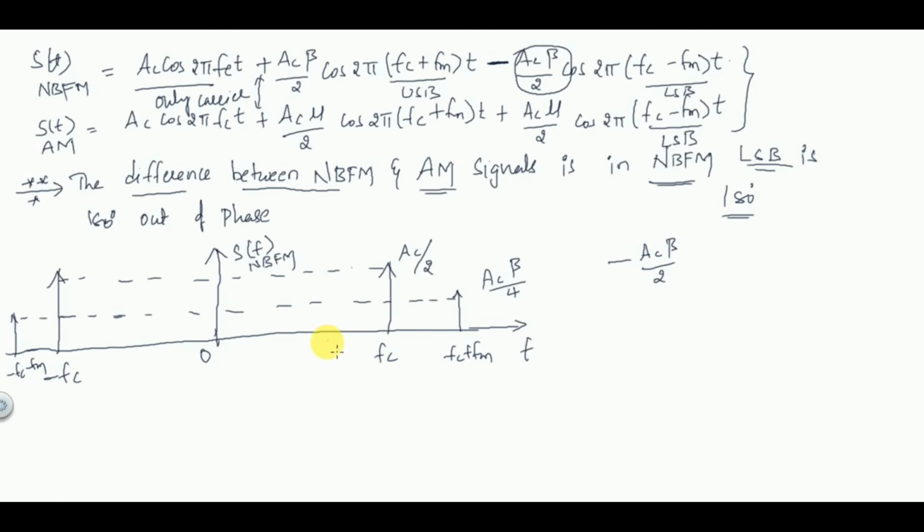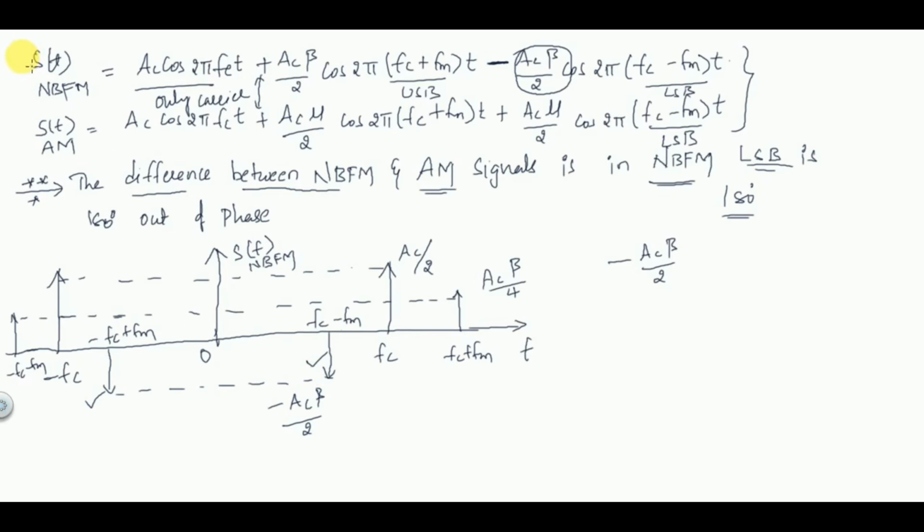One impulse is at FC minus FM and the other is at minus FC plus FM, with amplitude minus AC beta by 2. The only change is with respect to this LSB term.